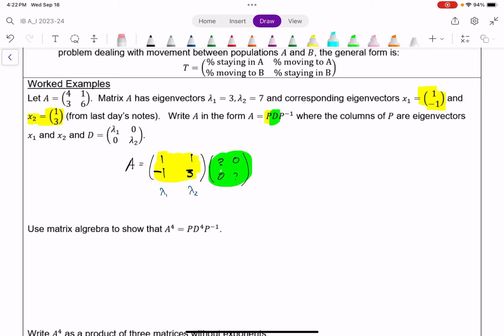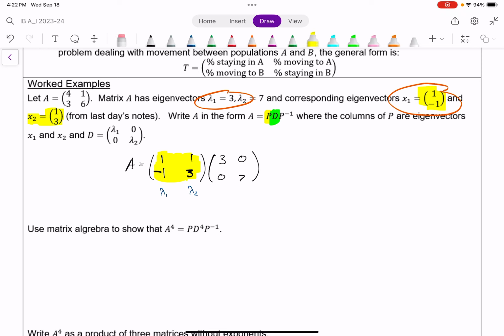So if I went with this first part here, which was from eigenvalue 1, then I need to put eigenvalue 1, which was 3, into this first blank here. And then 0, 0, it's always a diagonal matrix. And then since this corresponded to the second eigenvalue, I need to put that right here. Keep in mind, if I chose to write these eigenvectors in a different order, then I need to write the 3 and the 7 in a different order.